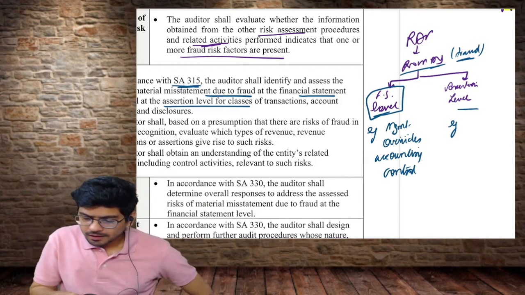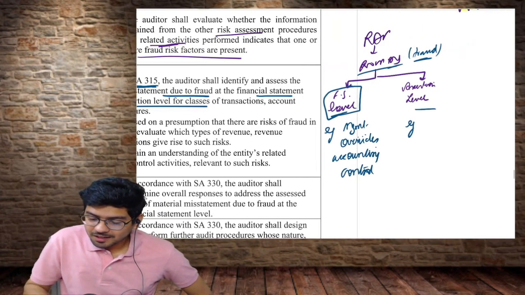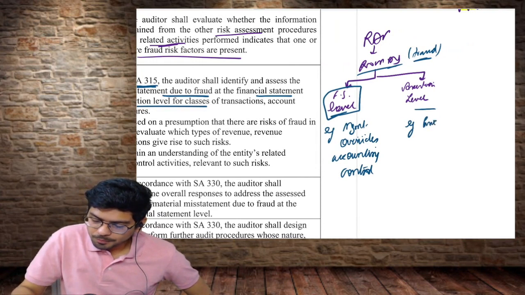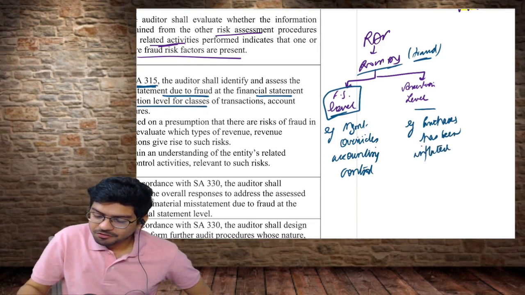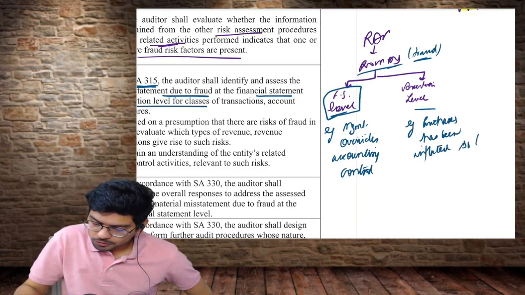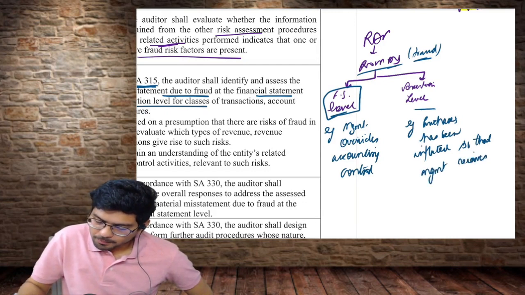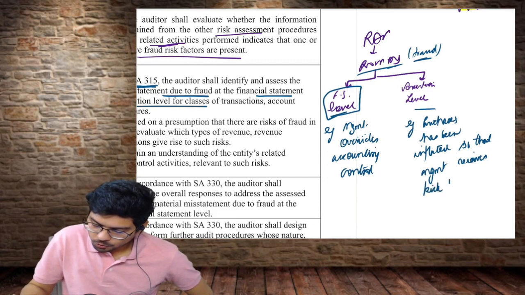Yes, can you give an example? Can I say that the purchases have been inflated? Why? So that management receives kickbacks. I told you about this. Kickbacks from whom? From supplier.